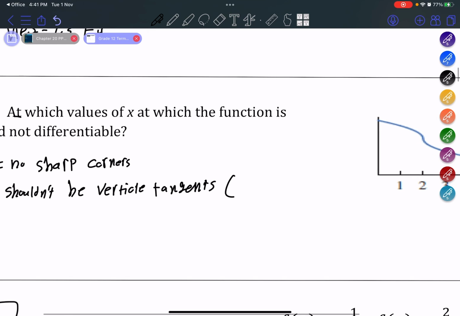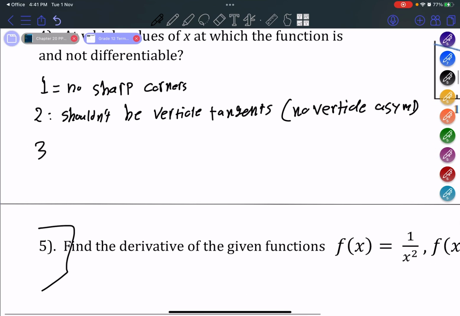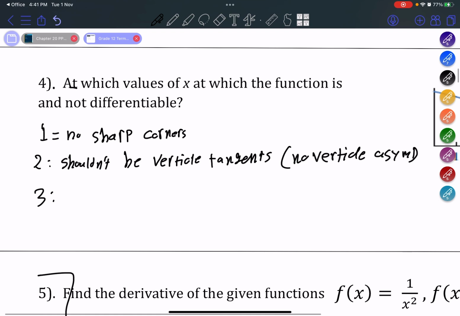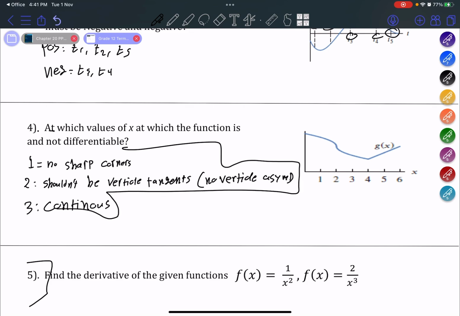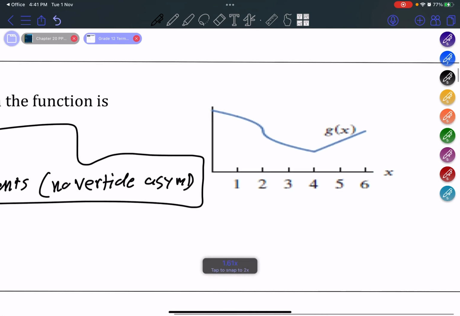What does this mean? It means no vertical asymptotes. Number 3, it shall be continuous. Okay, so after we revise these 3 rules, let's go to this function.